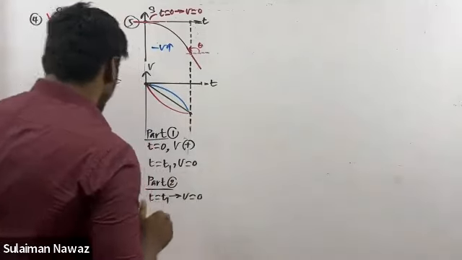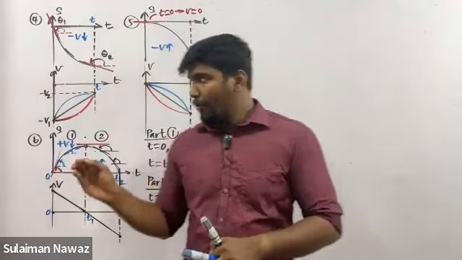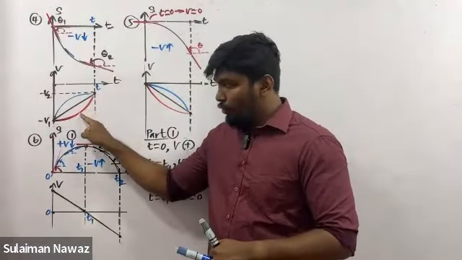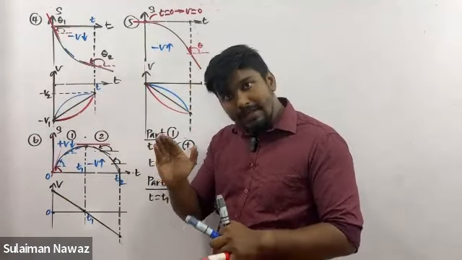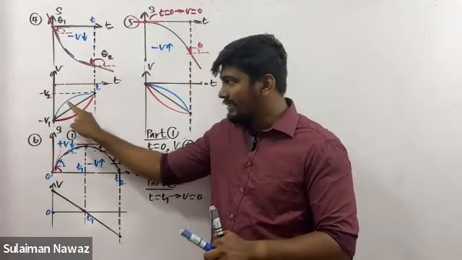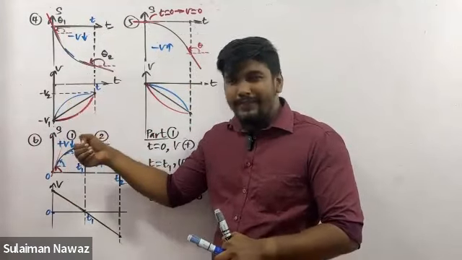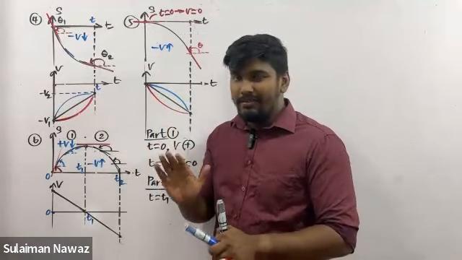Now hereafter, my advice is you also follow: don't draw these curved graphs. It's correct, but my advice is don't draw these curved graphs. We'll always draw straight line graphs, because there's a reason, but I won't tell it right now.